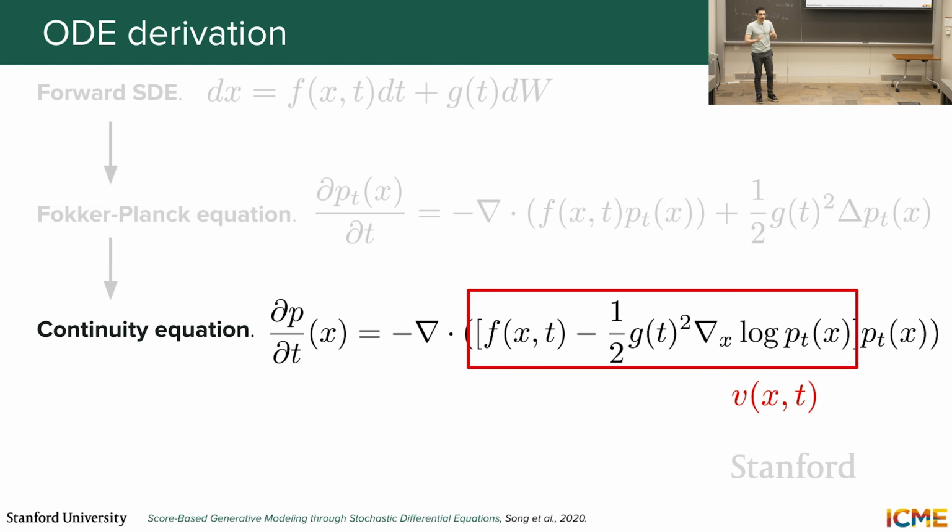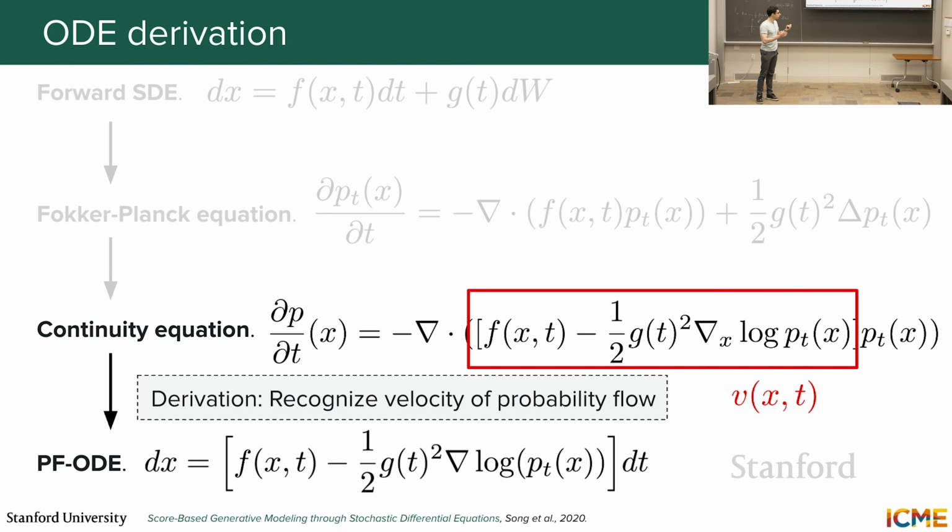Once you identify that factor, you can come up with an equation that this velocity needs to verify, and you get an equation that is indeed an ODE. We call it the PF-ODE. PF stands for probability flow.